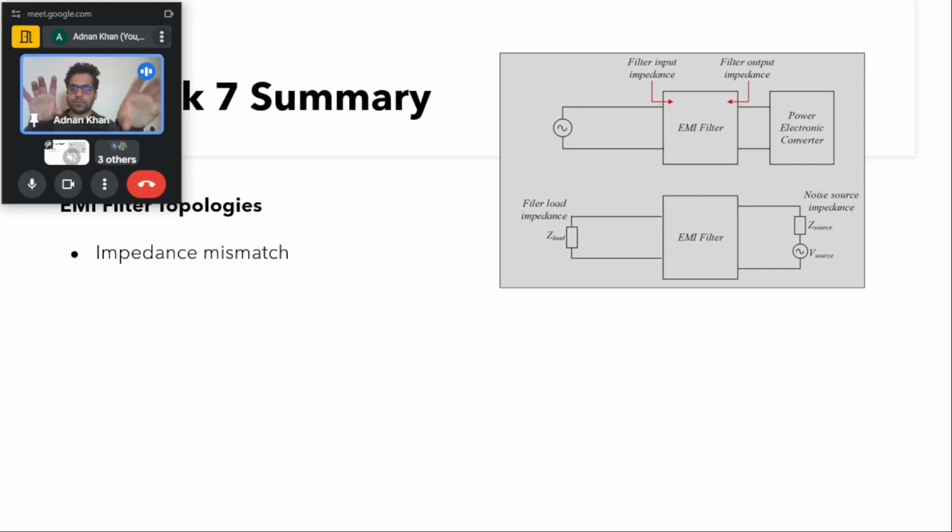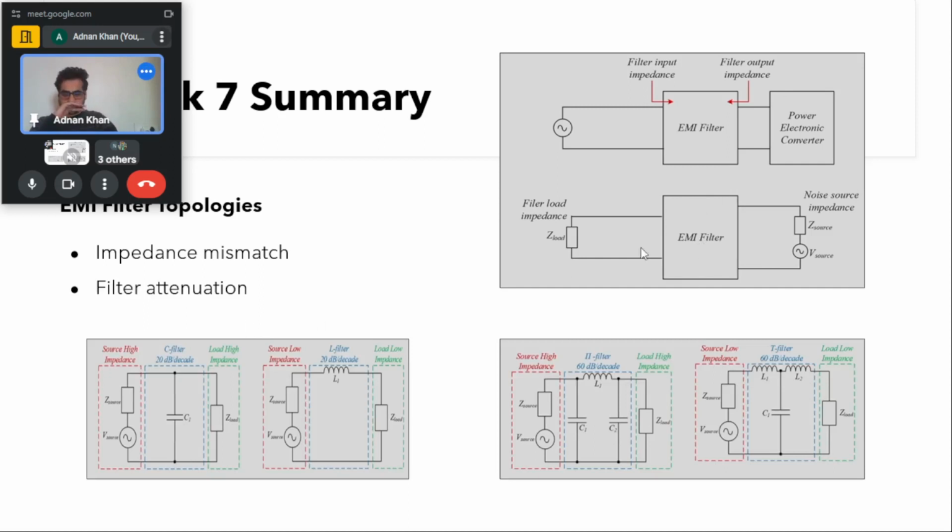So there will be two impedances, from the source side and the load side, and in between them there will be a filter. So what we want is this filter to have an impedance in such a way that this EMI is getting eliminated through this filter, and it will not affect the other parts. And what is done is this impedance mismatch is done by this EMI filter.